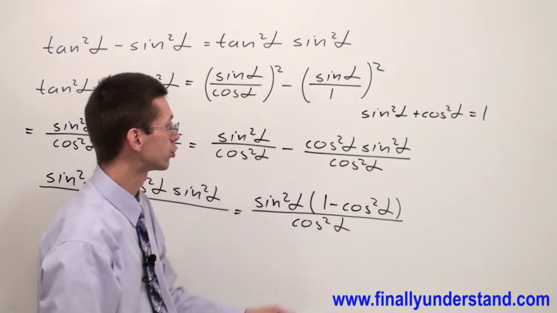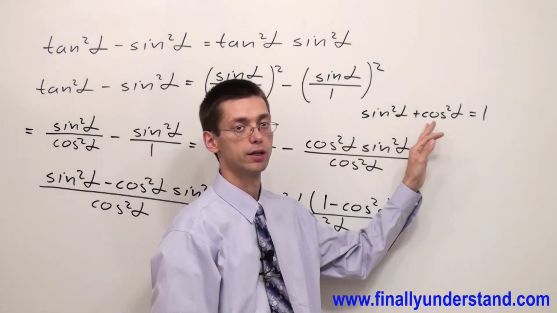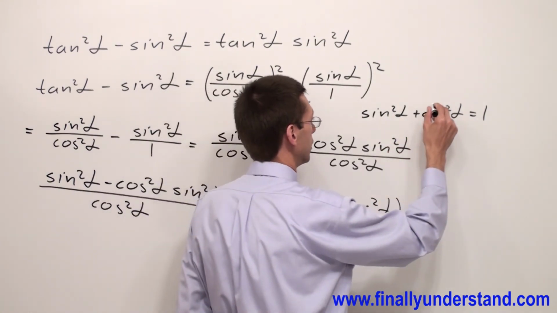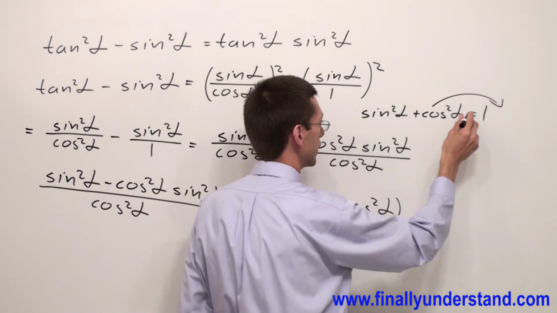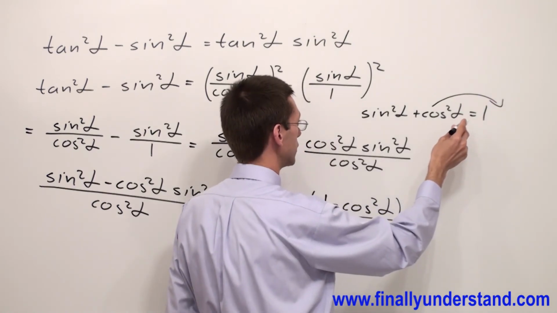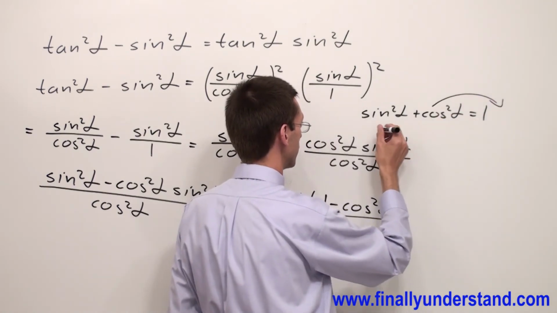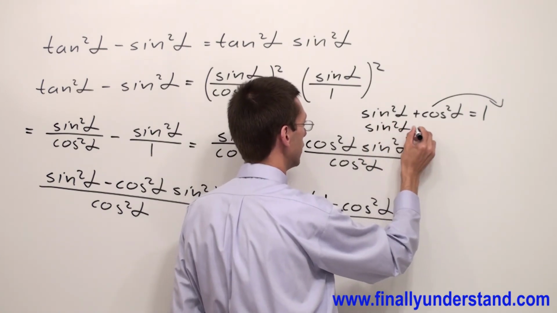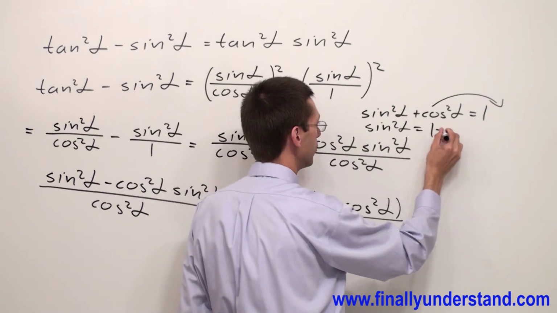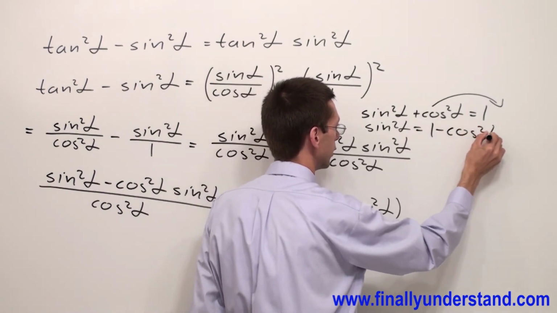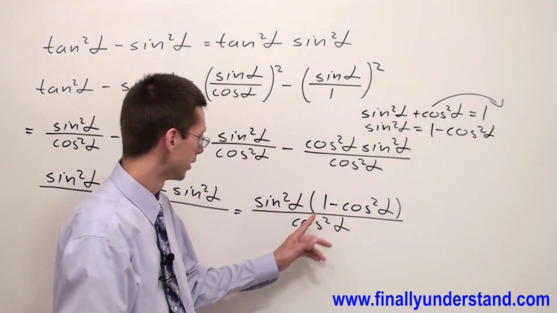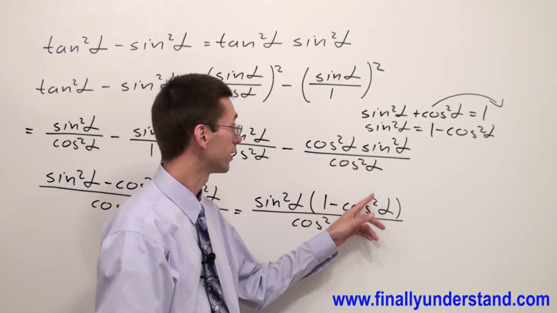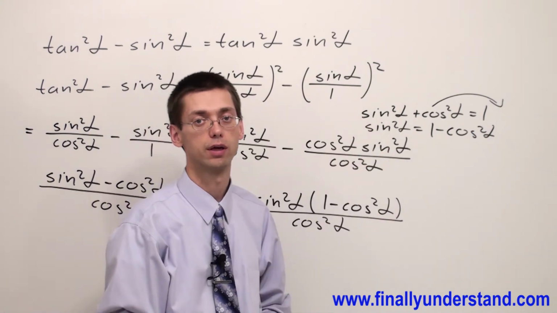If you solve this formula for sine square alpha, you will simply move cosine square alpha to the right side, and we are going to have sine square alpha equals 1 minus cosine square alpha. So we can say that 1 minus cosine square alpha is nothing else, just sine square alpha.